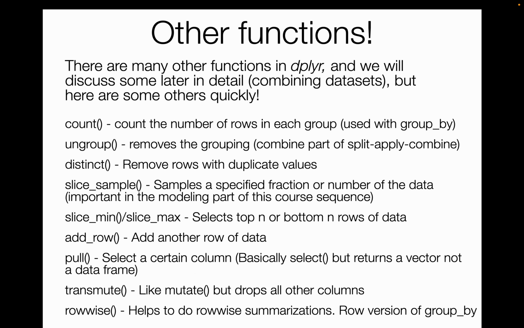Pull is an interesting one that will select a certain column. So it's like select, but it then turns the result after you select. Usually when you select a column in a data frame, the result is still a data frame, still a tibble. But if you don't like that, pull will select the column and then it'll turn it into a vector and return a vector. So that may be helpful from time to time.